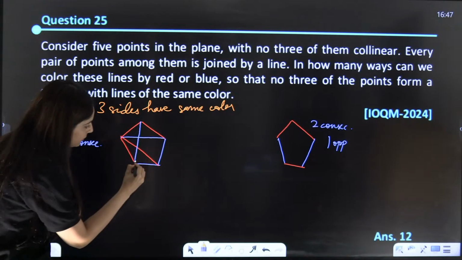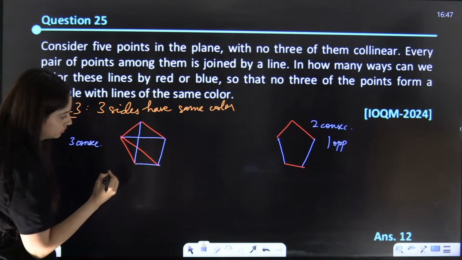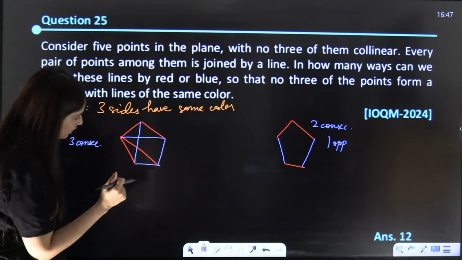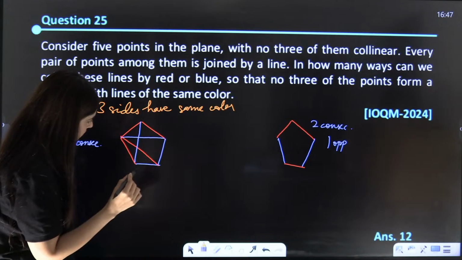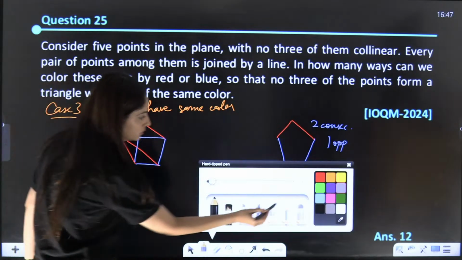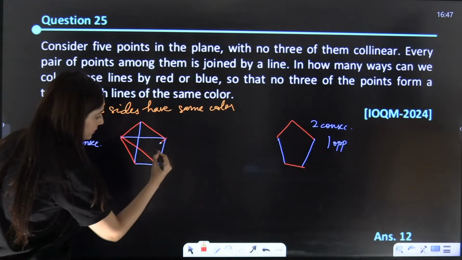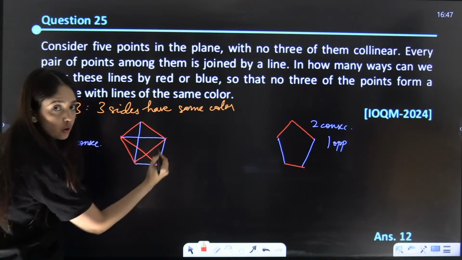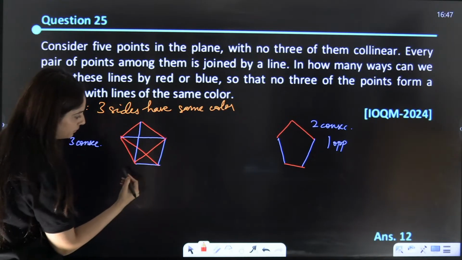Now this will be blue, and this will be red, because these 2 are already blue, so this will be red.